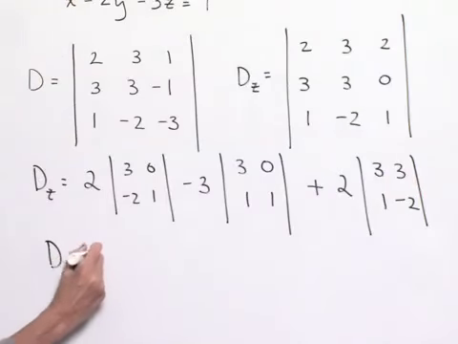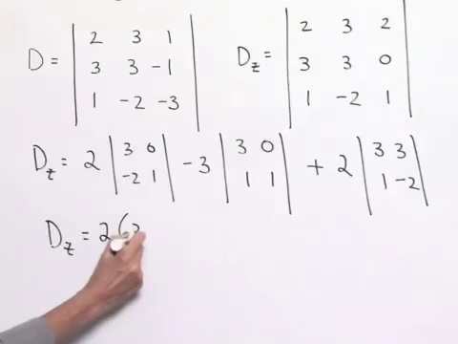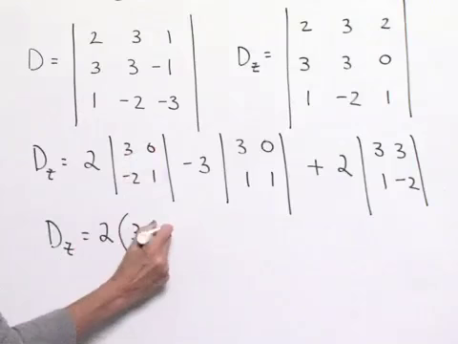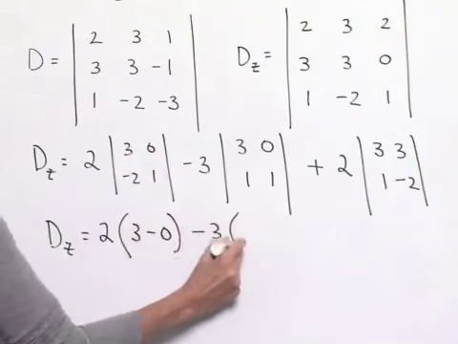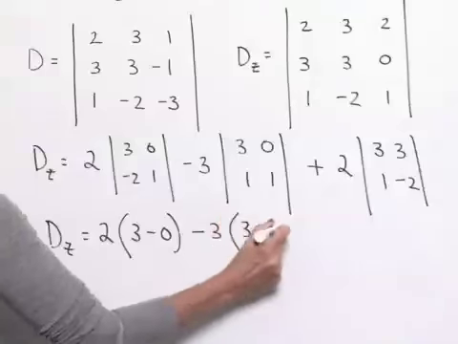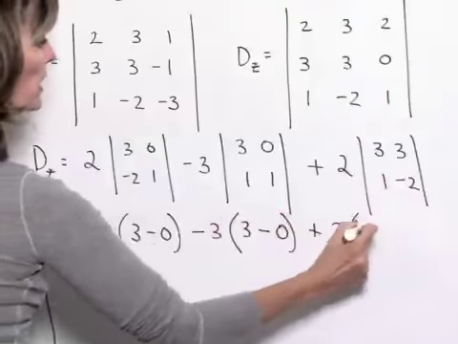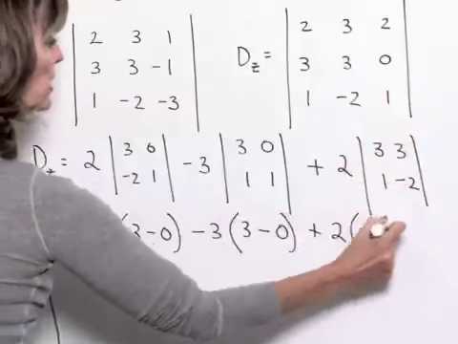So d sub z will equal 2 times, using our products, we'll have 3 minus 0, minus 3 times, we'll have 3 minus 0, plus 2 times, we'll have negative 6 minus 3.